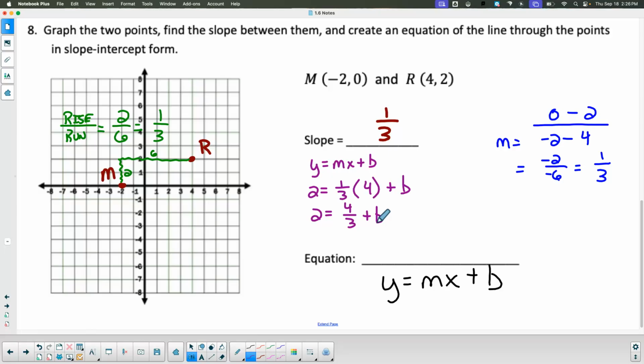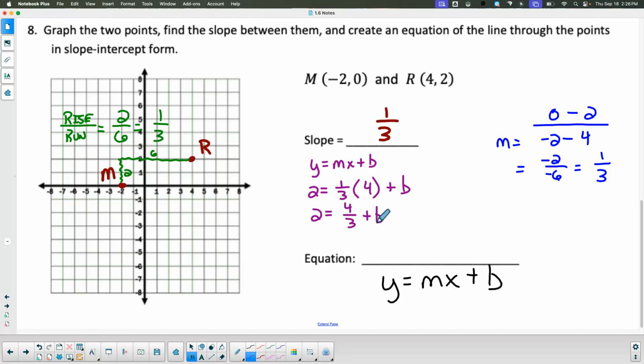No, because in order to add and subtract fractions, what do I have to have? It's two words, one starts with a C, one starts with a D. Common denominators.